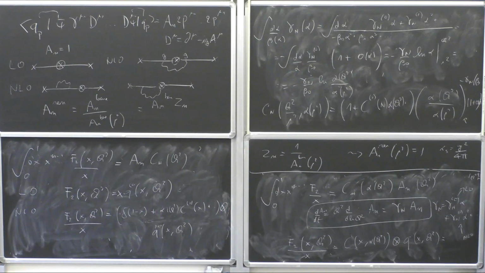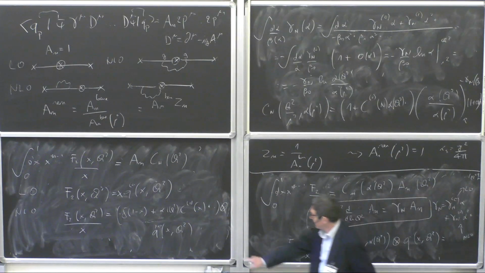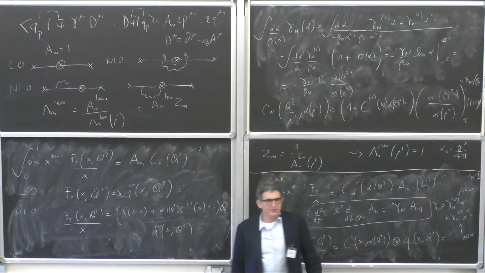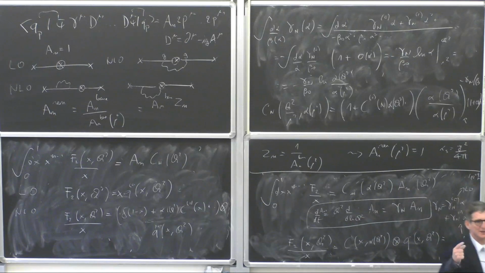But instead, gamma n1, the anomalous dimension here, and the coefficient function C1 will depend on the particular choice of the scale or scheme in which I renormalize my theory.